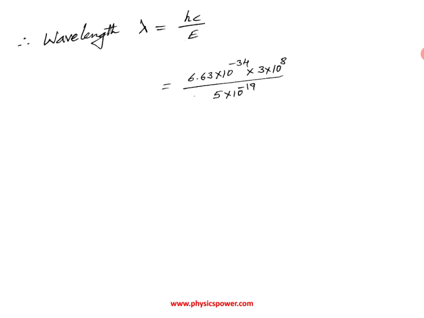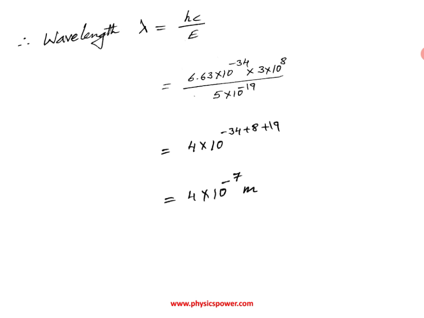Now 3 into 6.63 is approximately 20, so 20 by 5 is 4 into 10 to the power of minus 34 plus 8, and the denominator minus 19 you can shift to the numerator, so plus 19. So you will get 4 into 10 to the power of minus 7, that is in meter according to the SI system.